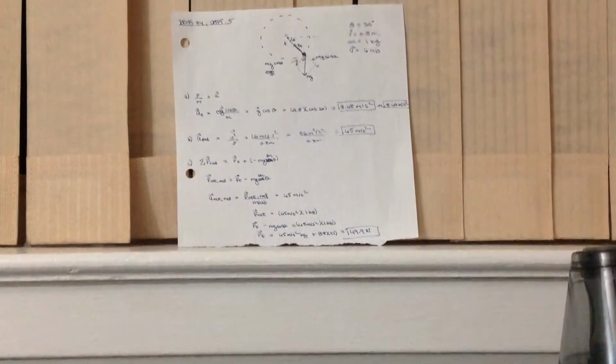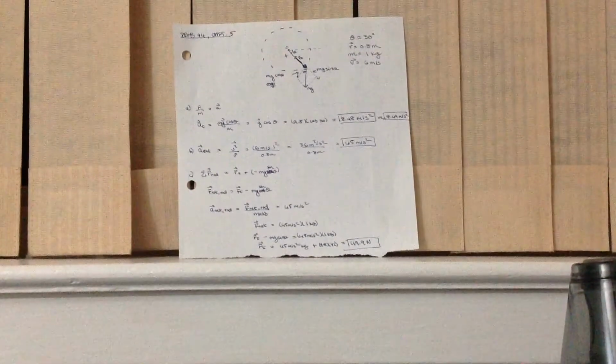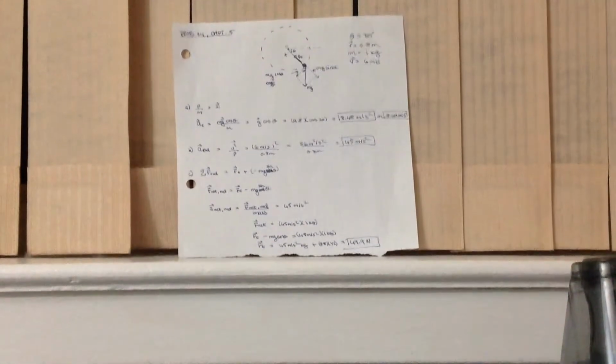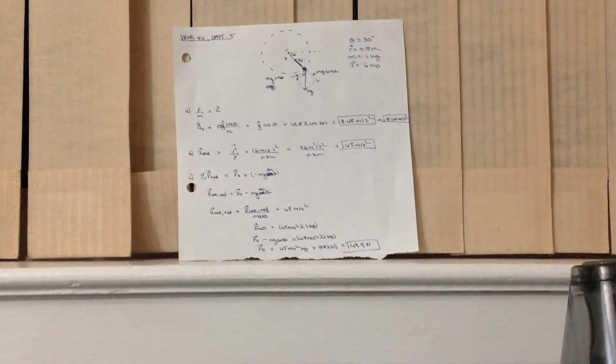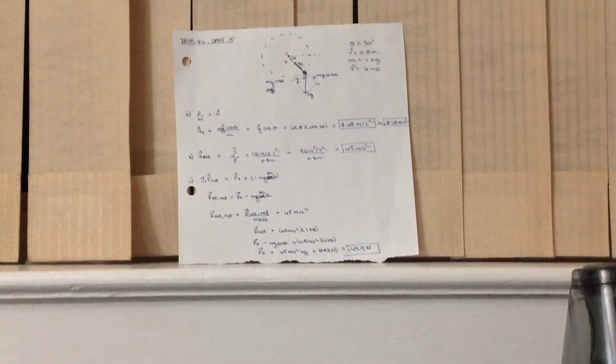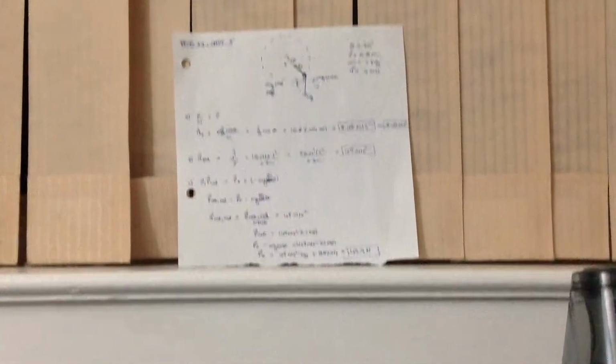So we have sigma F net in the radial direction is equal to force tension plus negative mg sine theta. So force net in the radial direction would be force tension minus mg sine theta.